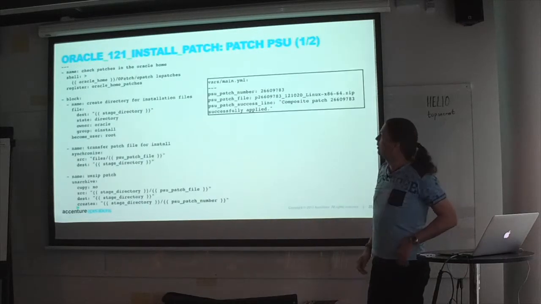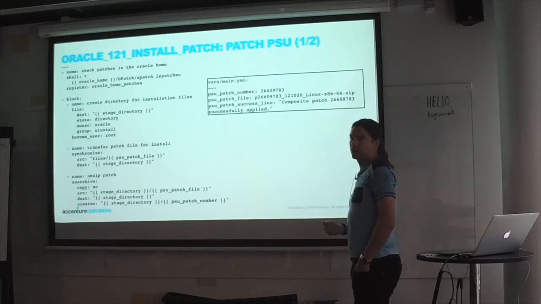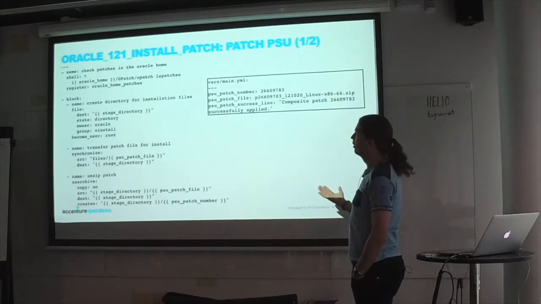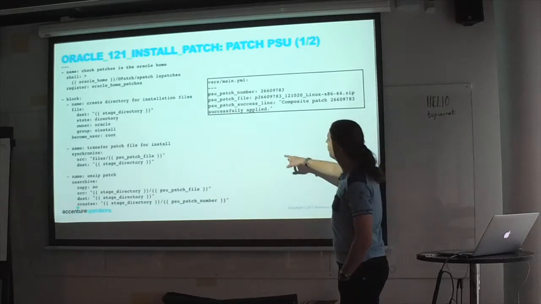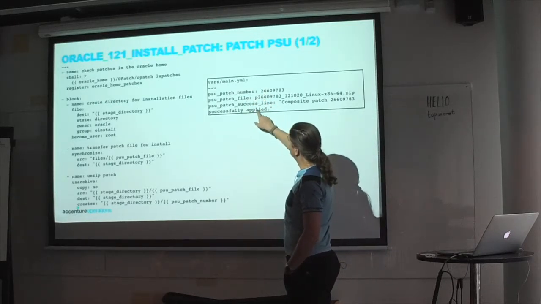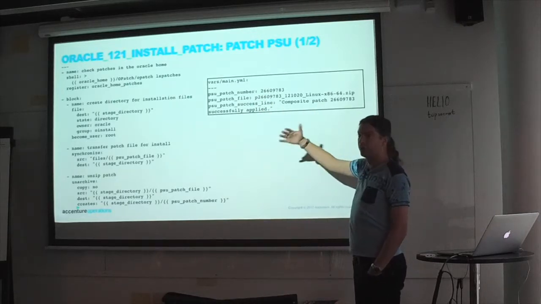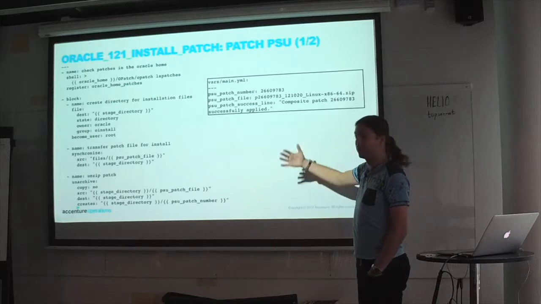And now for the patching, in order to make it rerunnable and to be able to have multiple patches, I create a variable file: PSU patch number, PSU patch file, success line. And mind you, the success line on different versions of Oracle is different.